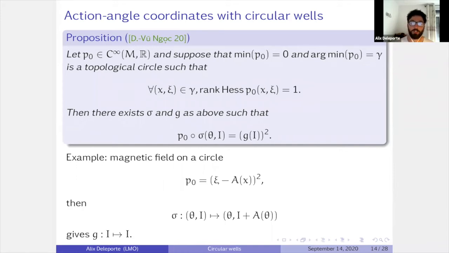In the example that we treated, there's a simple way to find this. There's a simple symplectic change of variables which reduces this to a function of one variable. You can just shift psi by a of theta, and this gives the function g, which is the identity.